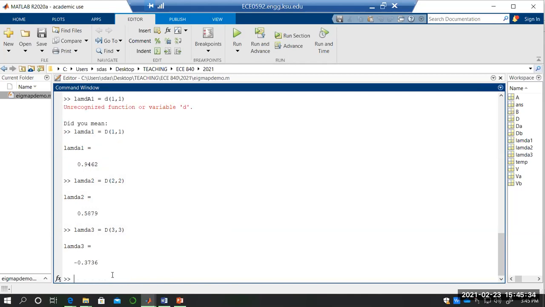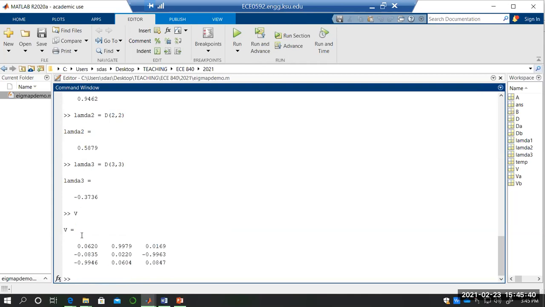These are my eigenvalues, and my eigenvectors are v1 equals V(:,1), v2 equals V(:,2), the second column, v3 equals V(:,3).